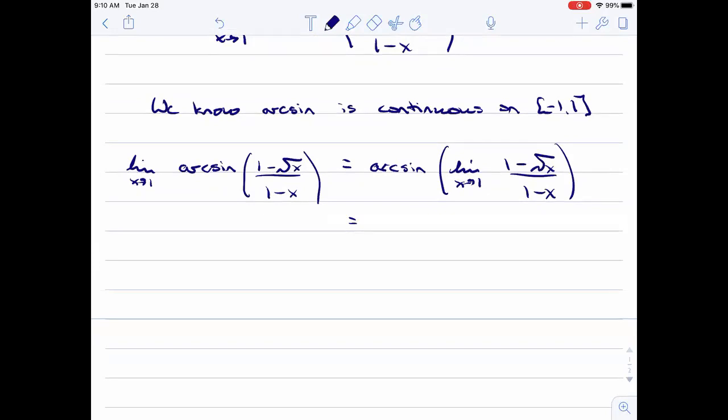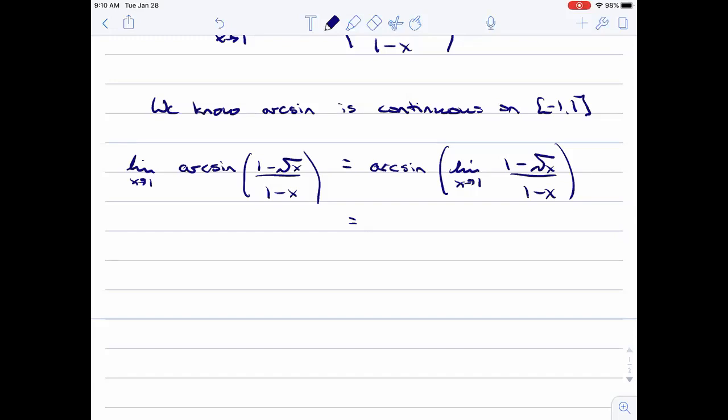If we just focus on the limit inside, as x approaches 1 you're dealing with dividing by 0. You're not allowed to do that, so we can't just plug it in. But we can manipulate this into something that we can find. Essentially, we've got two options here. My first thought was, I could rationalize the numerator, or another option is to factor the denominator.